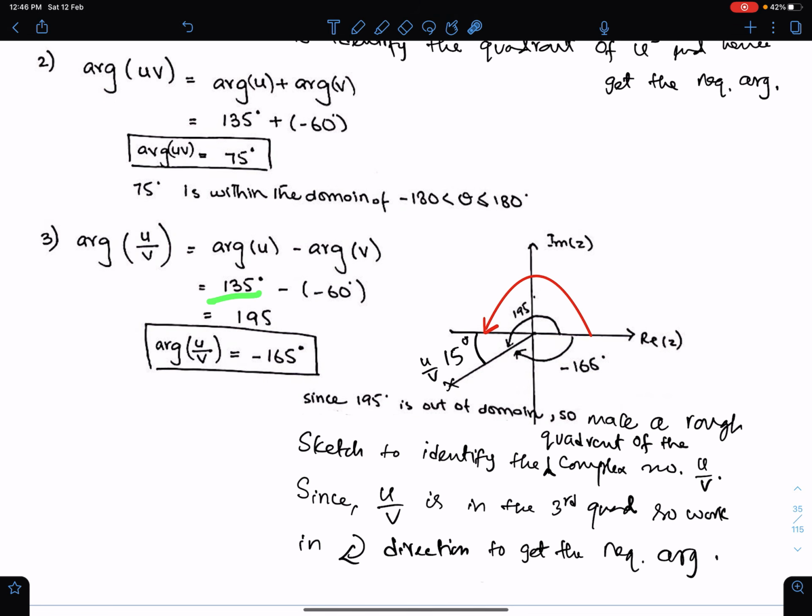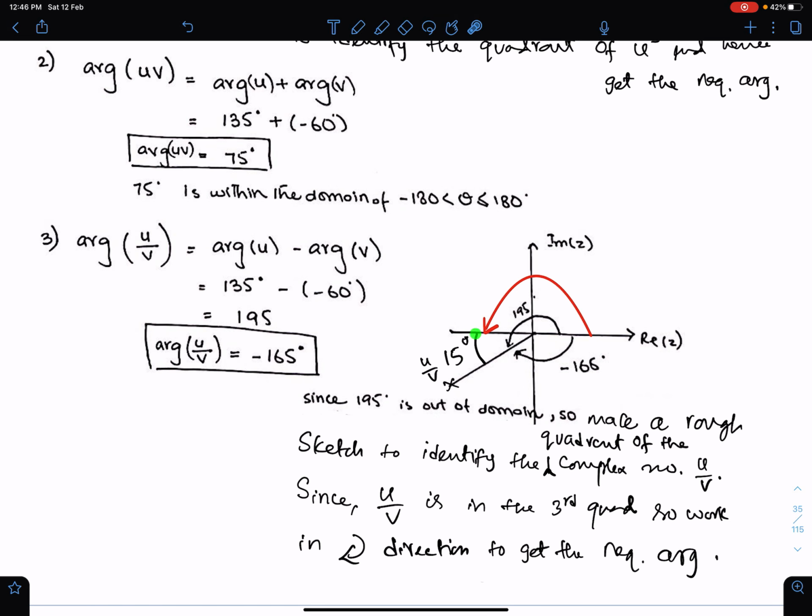This is 135 and this is negative 60, so the answer is 195, and this answer is outside the standard domain of the argument. So we have to sketch this 195. So 195 is here, see. And according to this domain, we cannot go in the third quadrant. The limit is till here, till the end of the second quadrant.